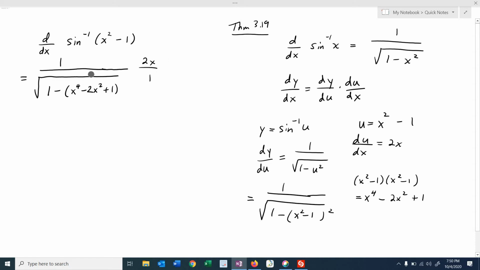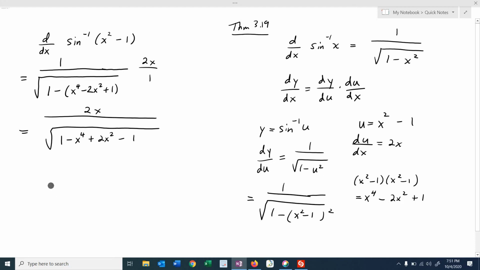By the chain rule, we have our outer derivative times our inner derivative. Let's simplify this. This will be 2x over the square root of 1 minus x to the fourth plus 2x squared minus 1, because these change signs when you distribute the negative to each of them.